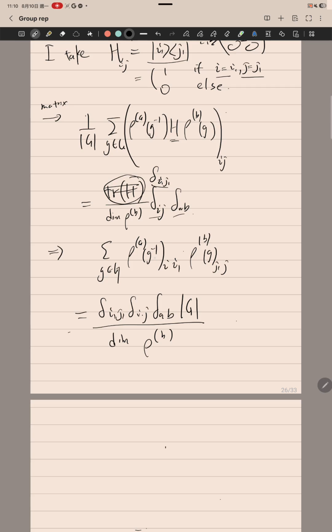Okay, so you get rho H inverse I1 and J1 J. So you can see this term is non-zero if and only if this term is the same as this one, and this term is the same, and they are the same representation. This is why this is called grand orthogonality, because it has 3 deltas.